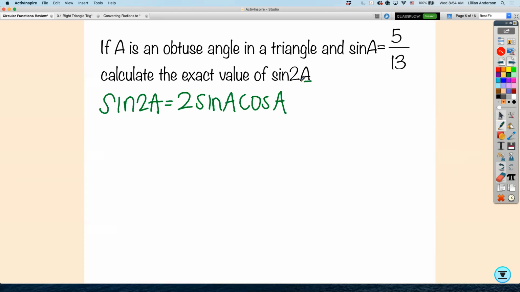Always make sure that if the problem gives it to you with some other variable, you stay consistent and use that variable. Okay, so I need this identity here. I already know that sine A is 5/13. The only thing I need now is cosine. How can I find cosine A?